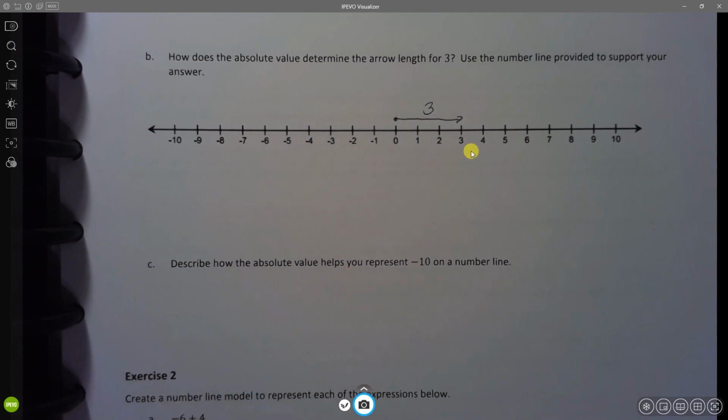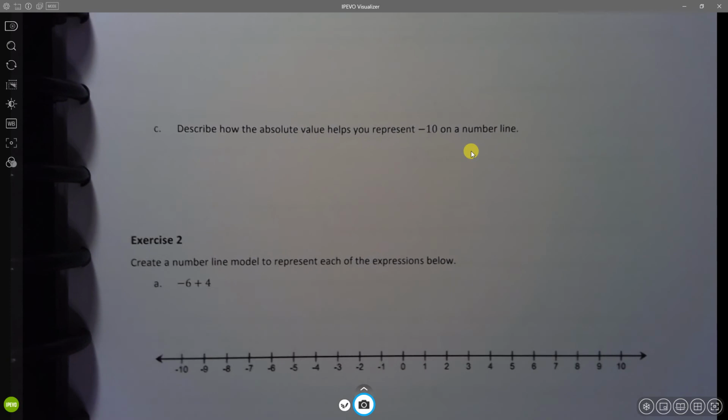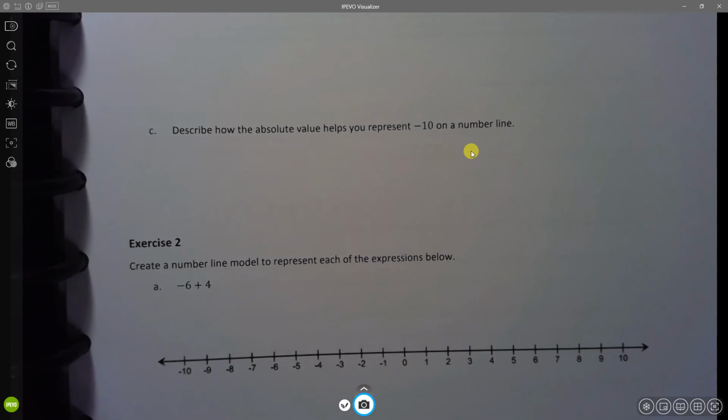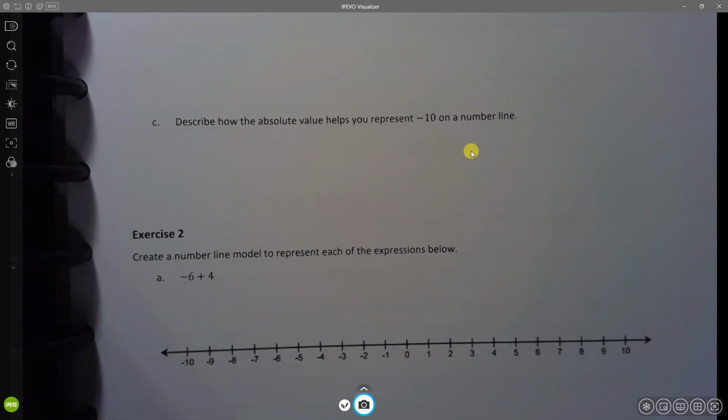Let's look at C. Describe how the absolute value helps you represent a negative 10 on the number line. So again, negative 10 on the number line is 10 units to the left of 0. So absolute value tells me how far I have to travel to get to a negative 10 on the number line.